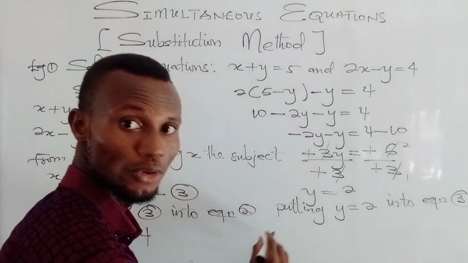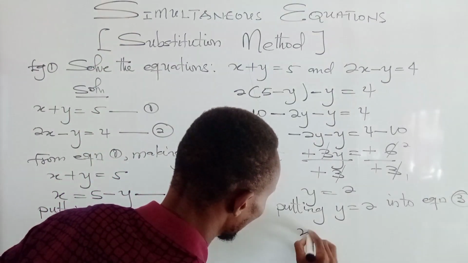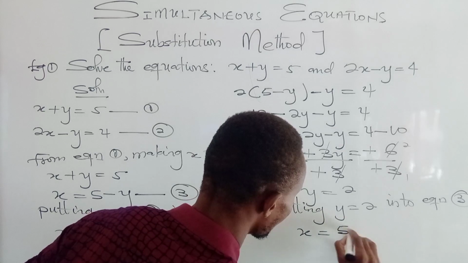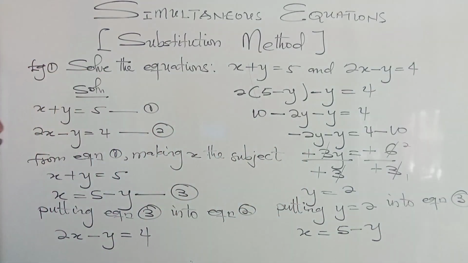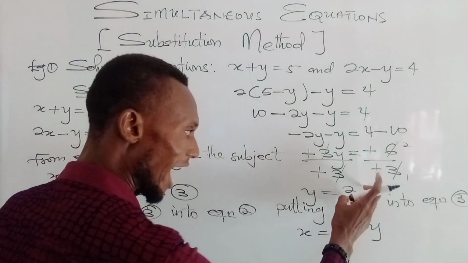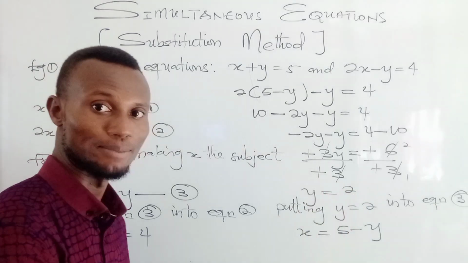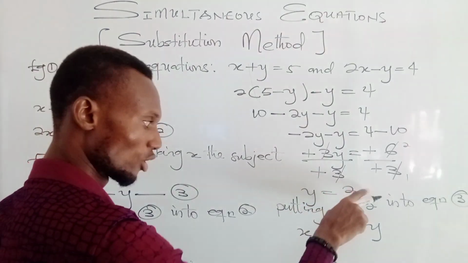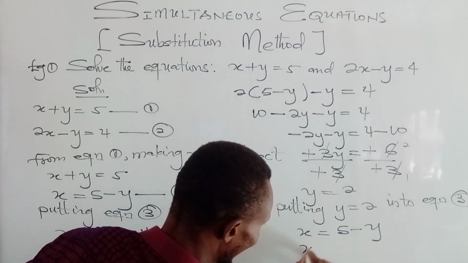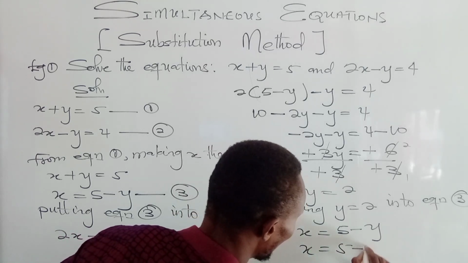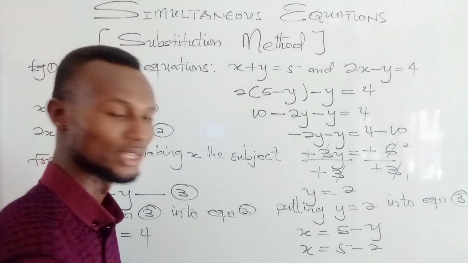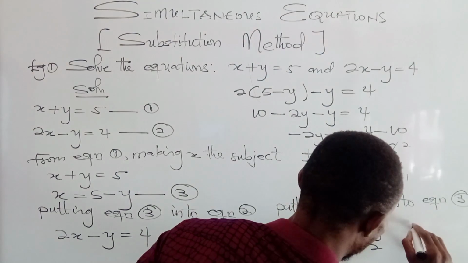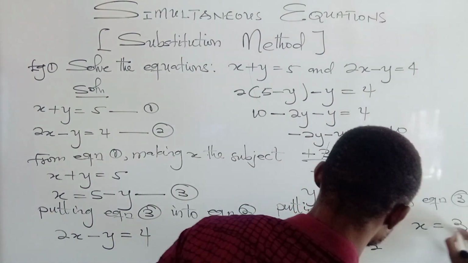So let me write it from here: s is equals to 5 minus y. Wherever I see y, I'll put the value of y there, and y is equal to 2. So I'll have s is equals to 5 minus 2. I hope you agree with me. And that will give me s equals to 3.